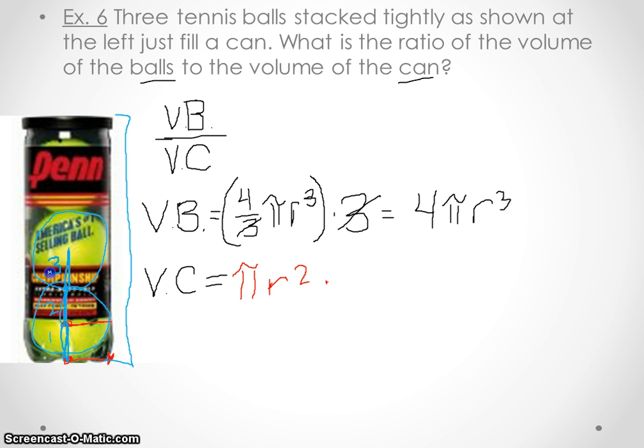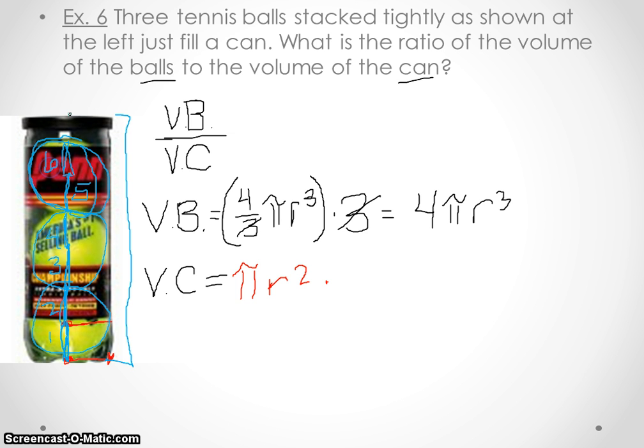So here's 3 radii, and we have one more in this circle too. That's 4 radii. Remember, radii only goes halfway through the circle. And then we have one more on top here. Sorry, that's a pretty terrible tennis ball. But with radius number 5 and radius number 6.